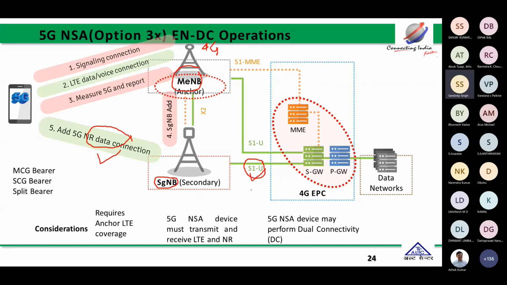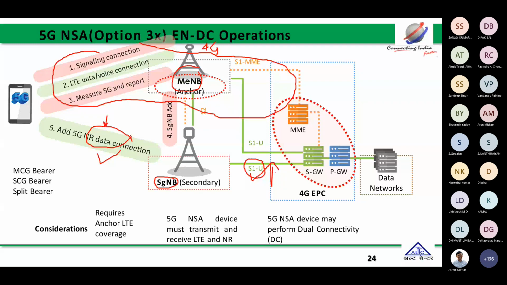In 5G NSA, we have discussed three steps. The first one is the 4G connection, which they already have in 4G. Second, the addition of the 5G base station. And third is the connection of the 4G core with the gNodeB.